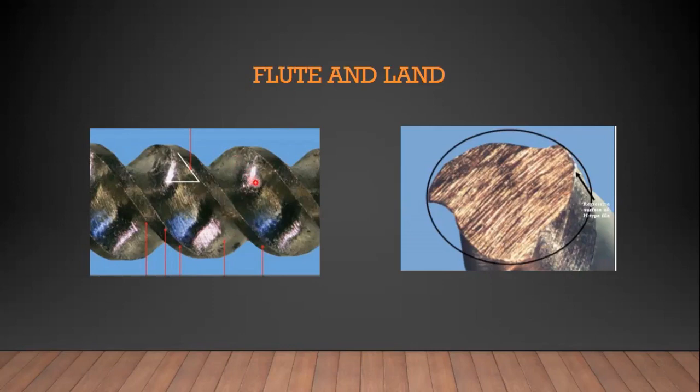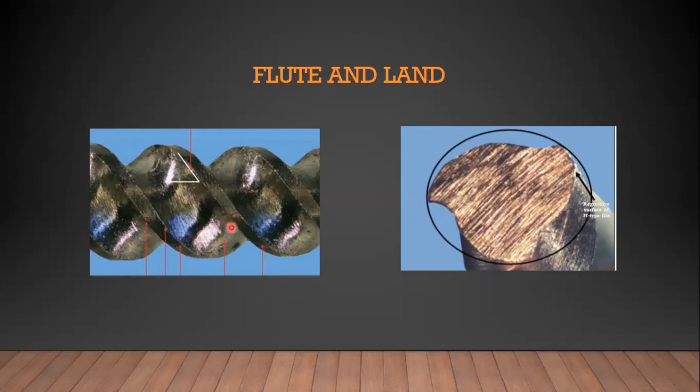Now if a file is efficient or has very sharp cutting edges, it's not to say that it is aggressive. If a file is efficient, it has a greater cutting ability, and it requires less time, less torque and pressure to accomplish the canal preparation. So if we are applying less torque, pressure, and time, file fracture is more likely to be prevented.